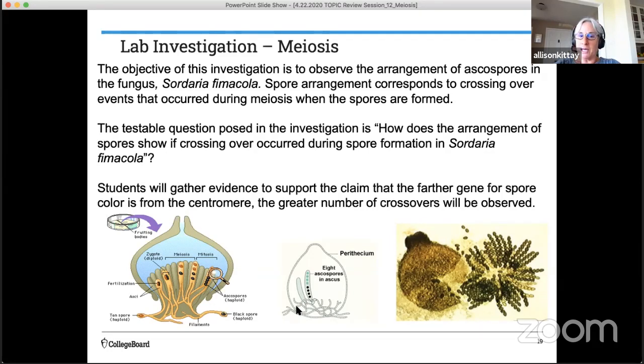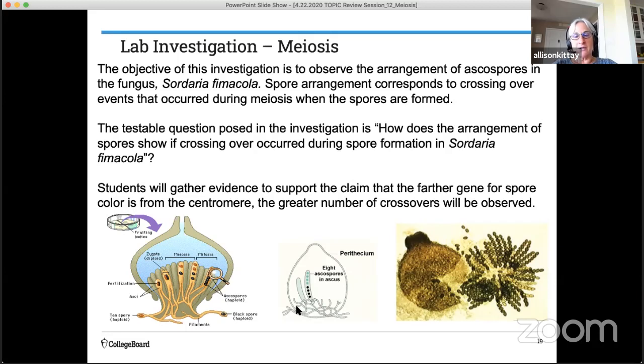The spore arrangements in this particular fungus, which is an ascomycete fungus, which means that it produces its spores in sacs or asci, correspond to the crossing over events that occurred during meiosis when the spores were formed. And hopefully, as we go through this, that will make more sense.